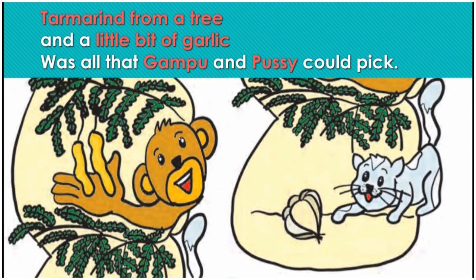He is playing with the turmeric, and there is one cat also, and she is playing with the garlic, students. So turmeric from a tree and a little bit of garlic was all that Gumpu and Pussy could pick. Gumpu picked up the turmeric and Pussy picked up garlic from the farm.